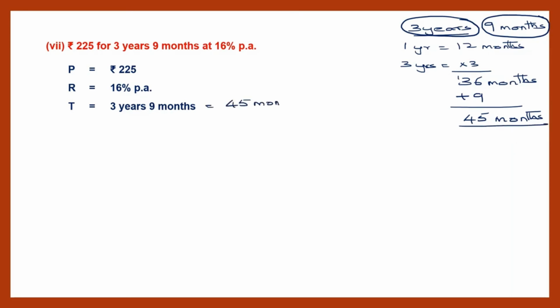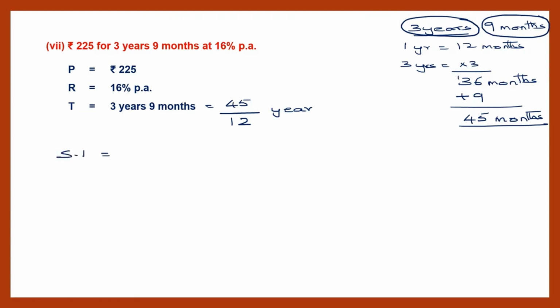But we have to convert it to years, isn't it? Because rate of interest is per annum, per year. So for that, we have to divide this by the number of months in a year, and the number of months in a year is 12. So now this is not months anymore. This has now become years. 45 by 12 years. Now we can find the simple interest.